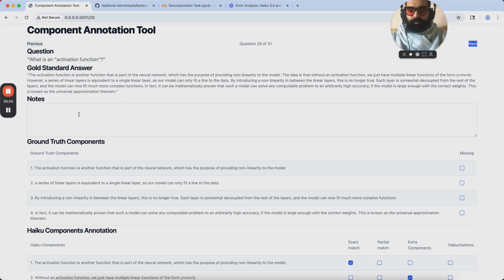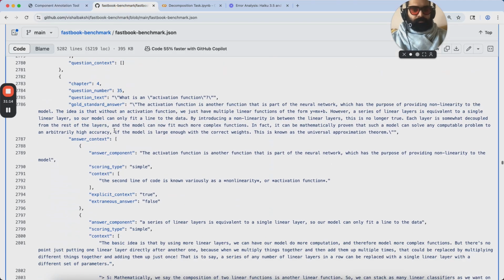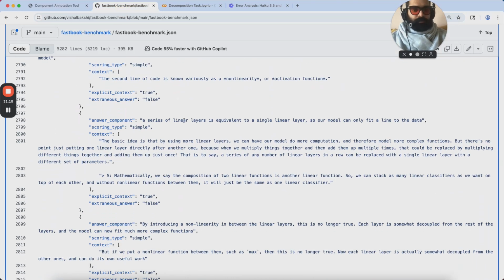Okay, what is an activation function? We have 2 exact matches, an extra one, and partial matches. Interesting that without an activation function, we just have multiple linear functions in the form y equals mx plus b. That is extra, but let's see.